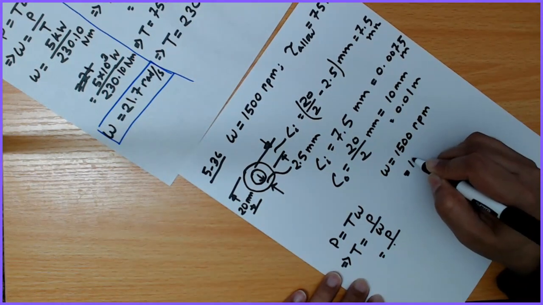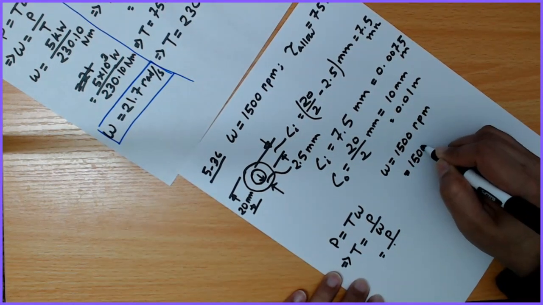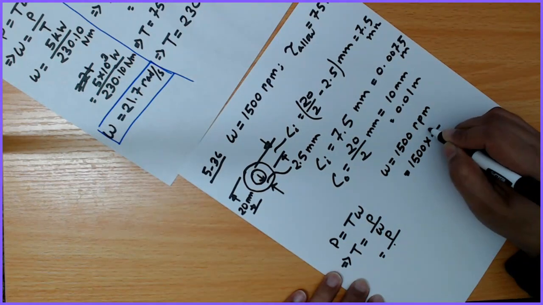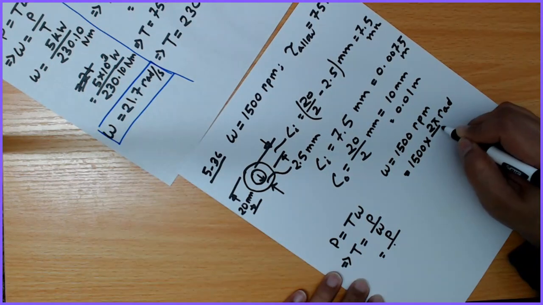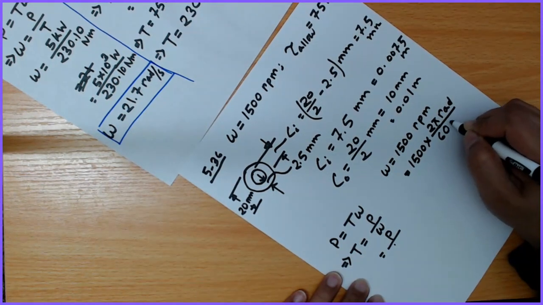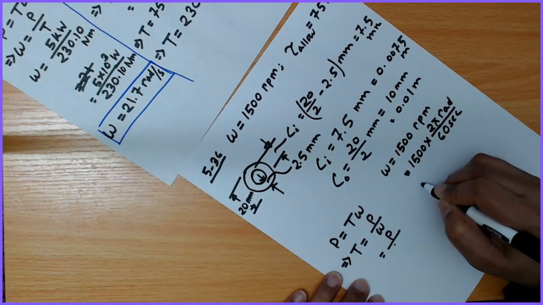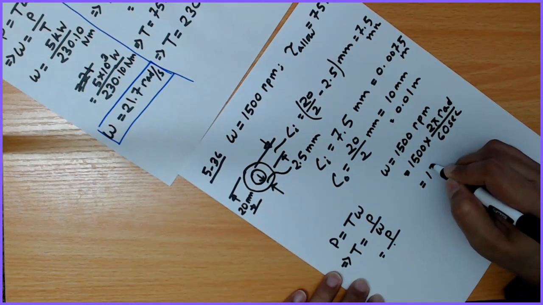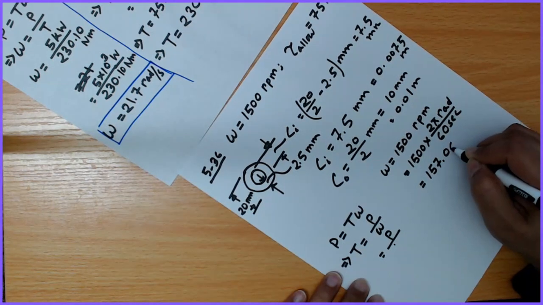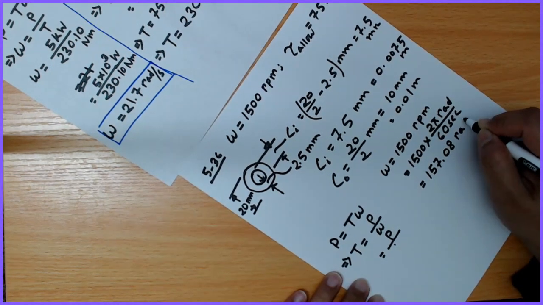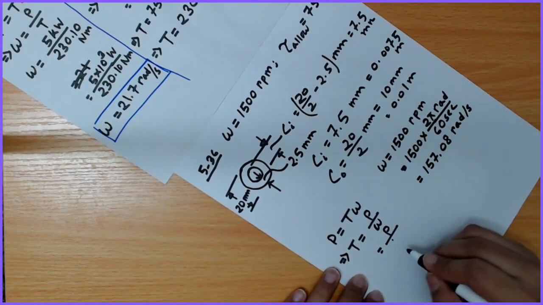We need to convert it to radian per second. 1500 multiplied by 2 pi radian divided by 60 seconds equal to 157.08 radian per second.